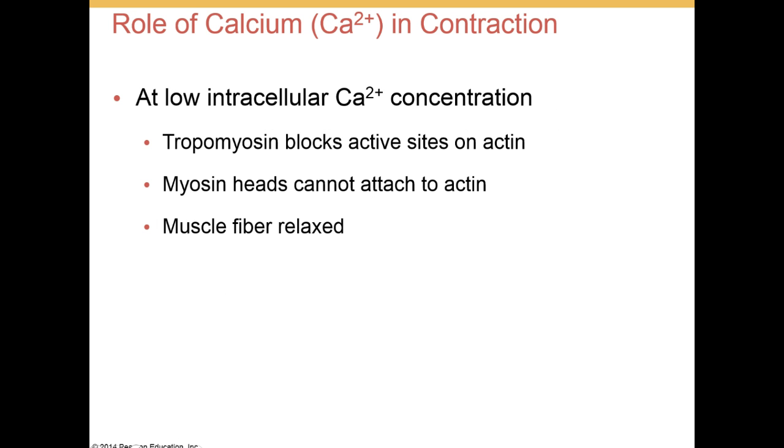So, role of calcium in contraction. Physiologically, what does calcium do? If the calcium levels are really low inside the cell, the tropomyosin covers the active sites on the actin, so the myosin can't attach, the muscle fiber is relaxed.